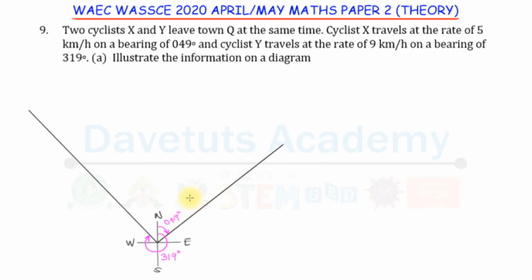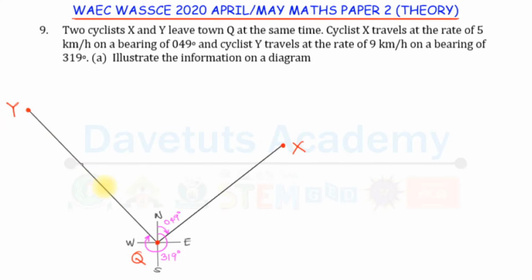So I think this is a good representation of what we have as that bearing. So if you want to label, we can say this is point Q, okay, then this is point X, and this is point Y.